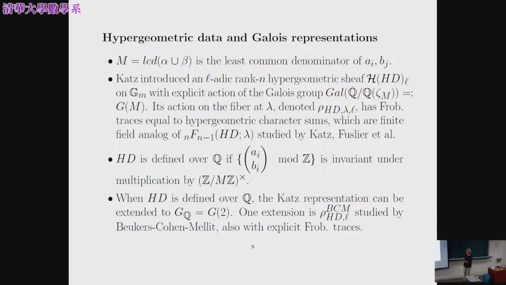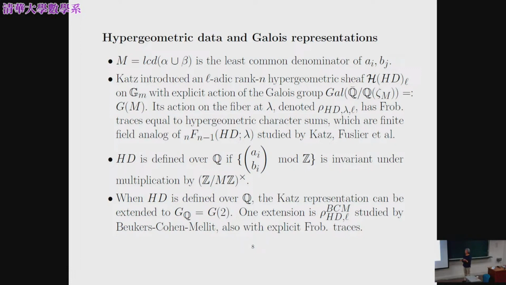Since our AIs and BJs are rational functions, they have denominators. That's called the least common denominator, m, and we think of that as the level of this hypergeometric datum. So now, algebraically, we are also going to mimic what we saw in the C over C case.